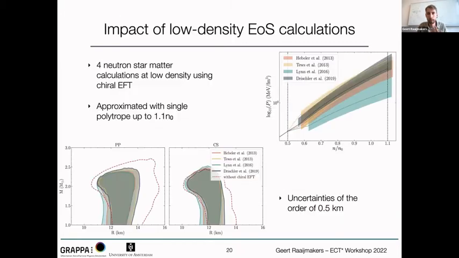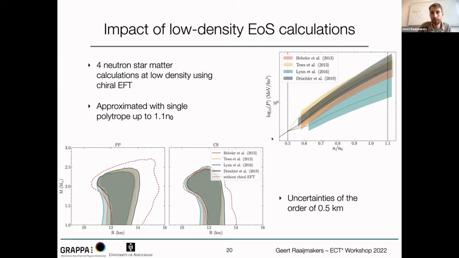So one thing that we wanted to investigate a little bit more is what is actually the influence of the low density calculations that we're using, so these chiral effective field theory calculations. So what we did was we tried to get a feel of the systematics that we got from choosing a particular set of calculations, and we compared 4 different approaches to this. So here in the upper right, you see calculations from 4 different groups of this low density regime.